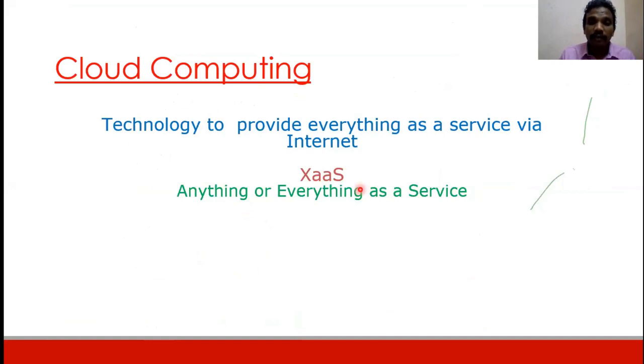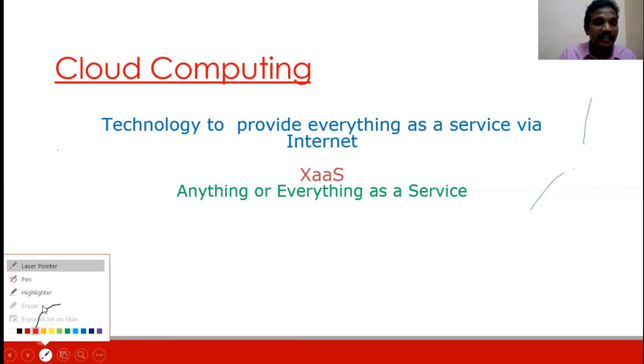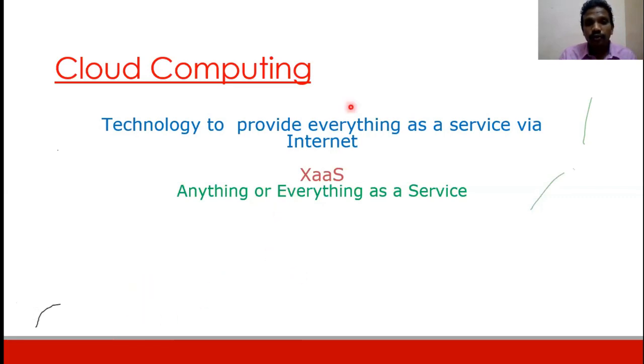So you can provide multimedia as a service, video as a service, data as a service, infrastructure as a service, information as a service, text as a service, anything or everything as a service via cloud computing.